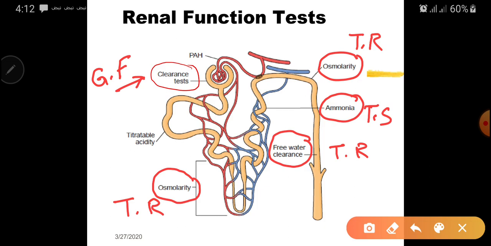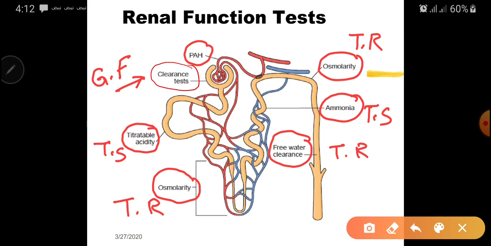Also, we have another test to evaluate tubular secretion. It's called titratable acidity. Titratable acidity is helpful to evaluate the amount of acid in urine and the ability of the kidney to excrete acid. Also, we have a test called the para-aminohippuric acid test.